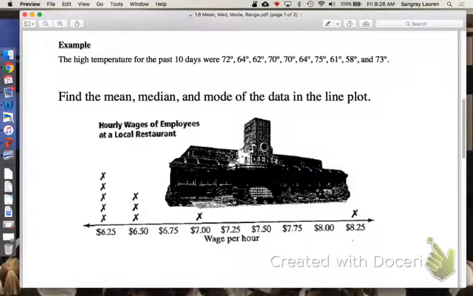So here is an example for the high temperatures in the past 10 days. And we want to find the mean, median, mode, and range. So the first thing we need to do is get all of these temperatures in order from least to greatest. So you may work on that as I do it on the board.